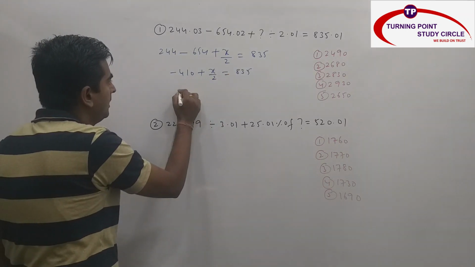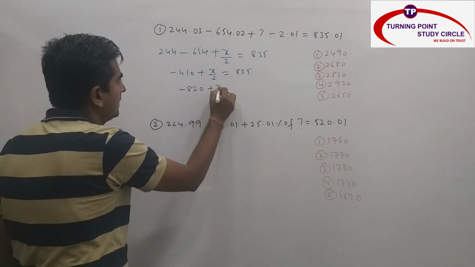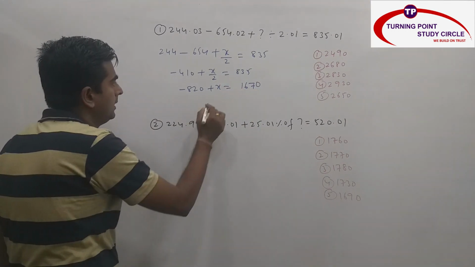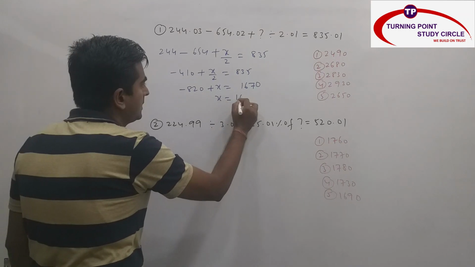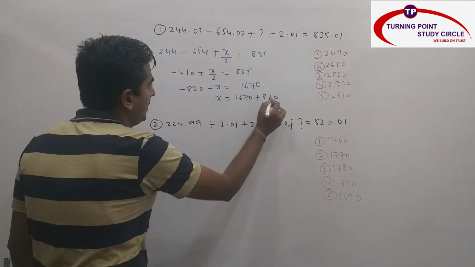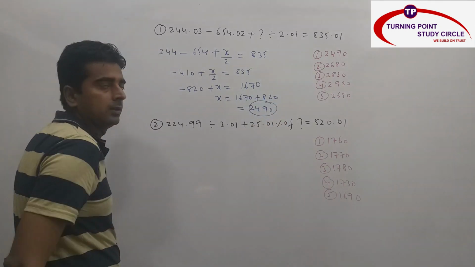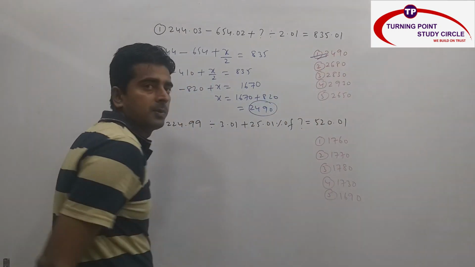Cross multiplication: minus 820 plus x is equal to 1670. So x is nothing but 1670 plus 820, which is nothing but 2490. So my answer is nothing but first option.